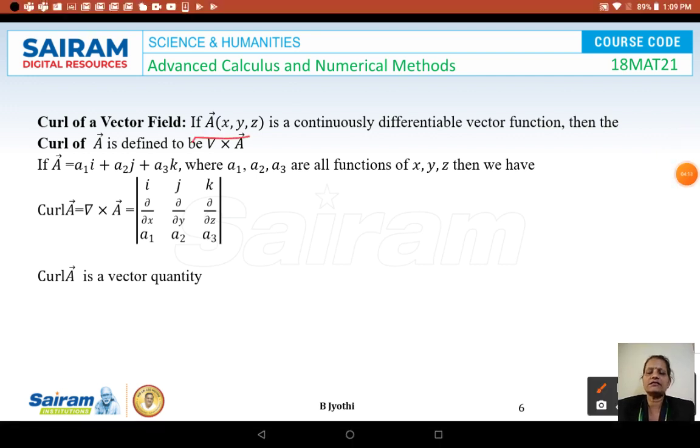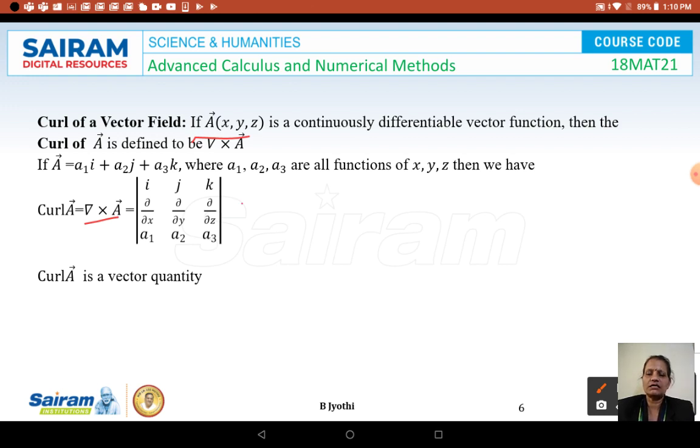If A is a continuously differentiable vector function, then curl of A is defined to be the cross product of del and A, that is del cross A. If A is equal to a1 i plus a2 j plus a3 k, where a1, a2, a3 are all functions of x, y, z, then curl of A is equal to del cross A, that is given by the determinant with first row i, j, k, second row dou by dou x, dou by dou y, dou by dou z, and the third row a1, a2 and a3. And this is a vector quantity.